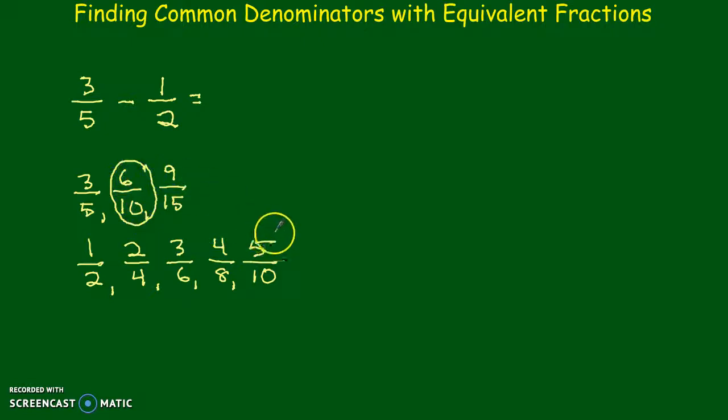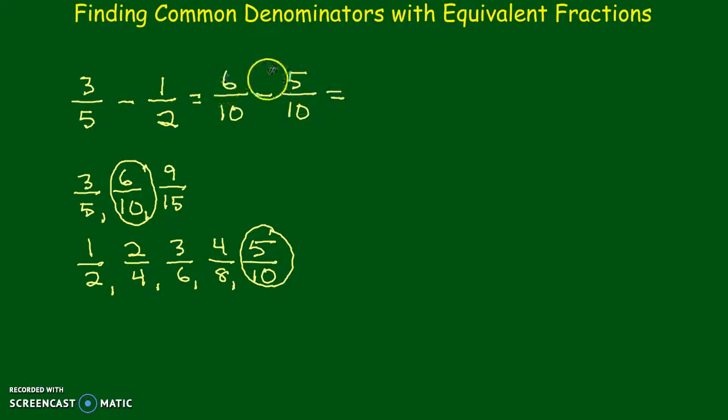6/10 and 5/10 both have a common denominator. Those are going to be the fractions we use for our equivalent fractions. Our new problem is going to look like 6/10 subtract 5/10. Oops, that's a bad subtraction sign. 6/10 subtract 5/10, because 3/5 equals 6/10 and 1/2 equals 5/10.